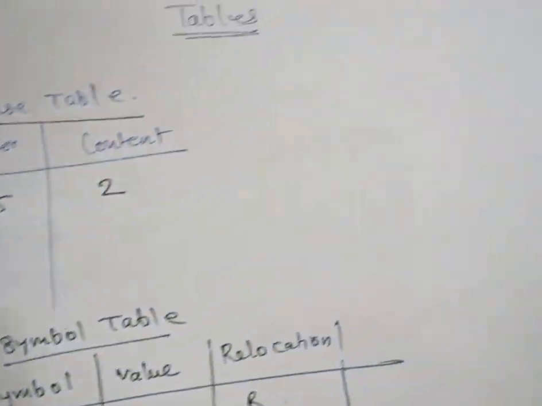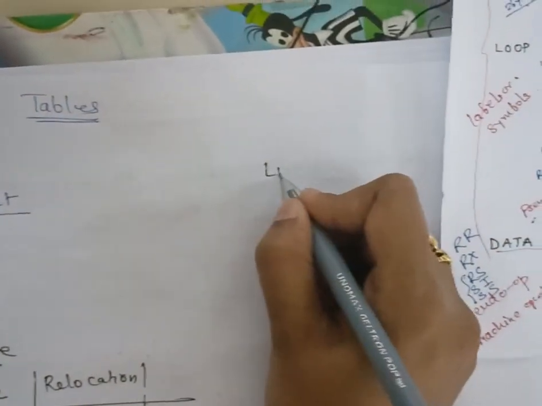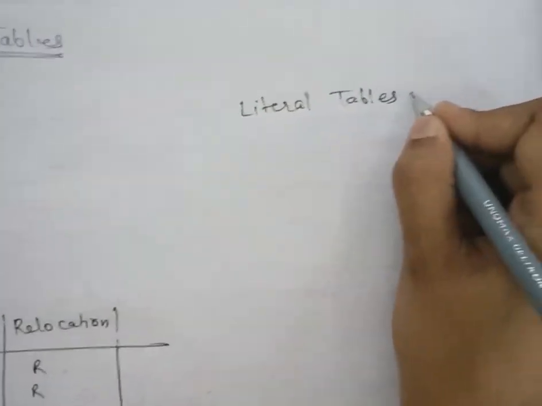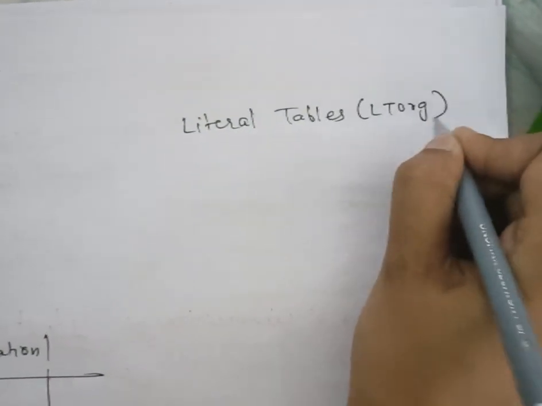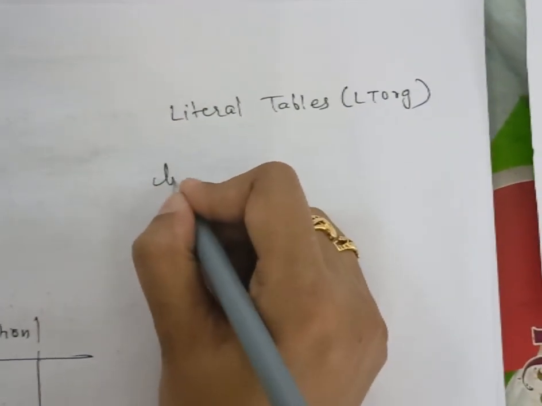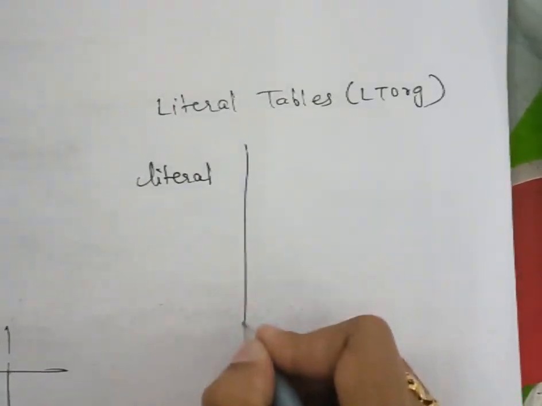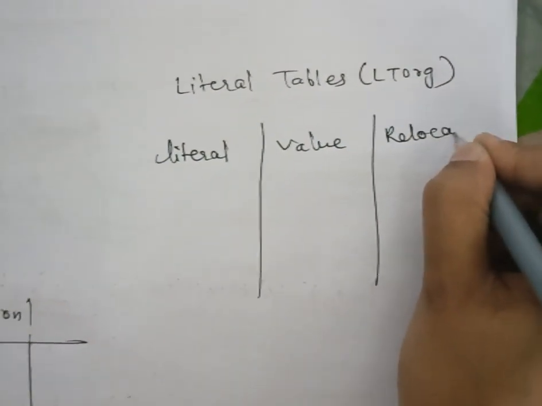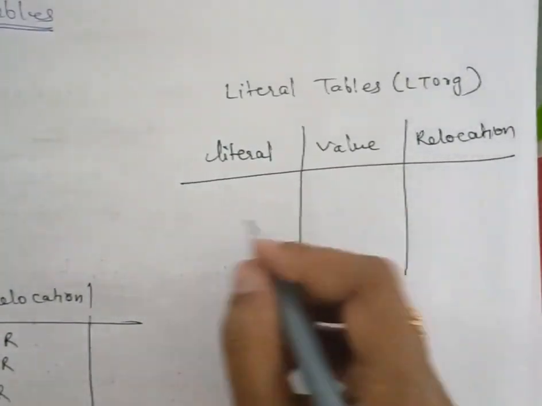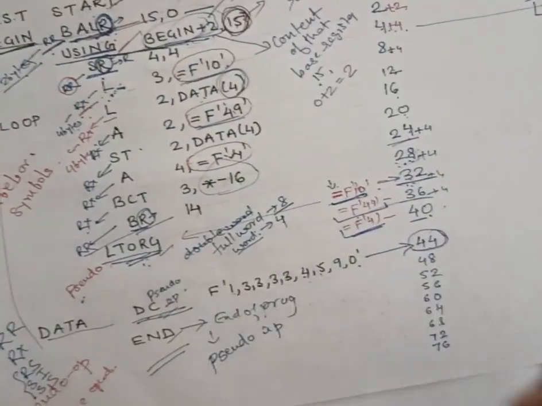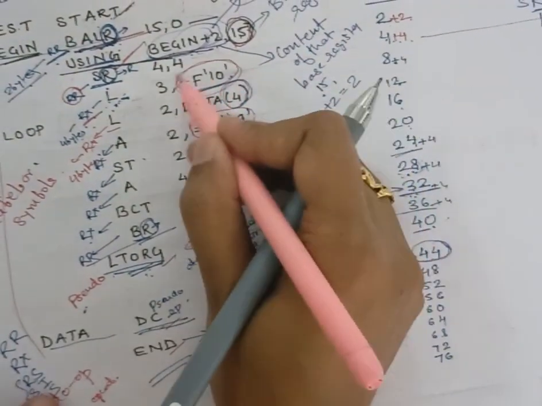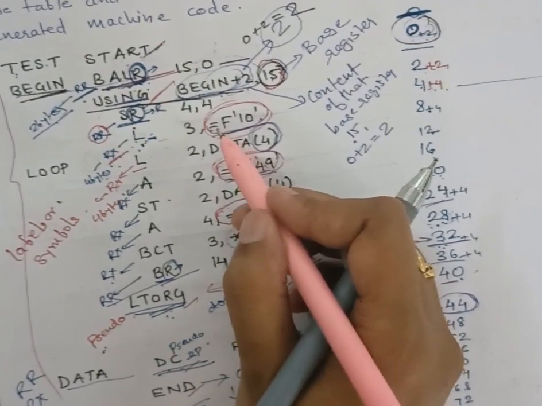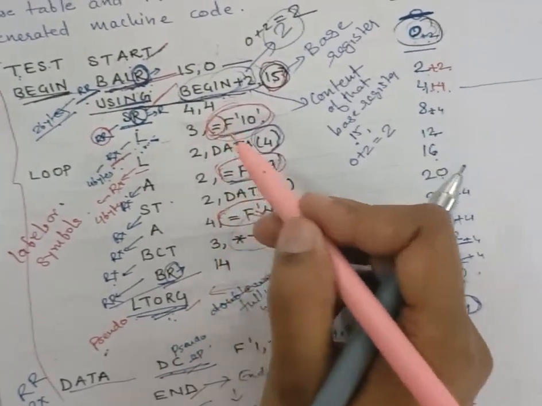Now the last one is your literal table. Always remember that the literal table contains all the LTORG values. The first column is the literal, then the value of that literal, and again the relocation. In the program we have three literals, F of 10, F of 49 and F of 4, and we recognize literals with the help of the equal to sign.